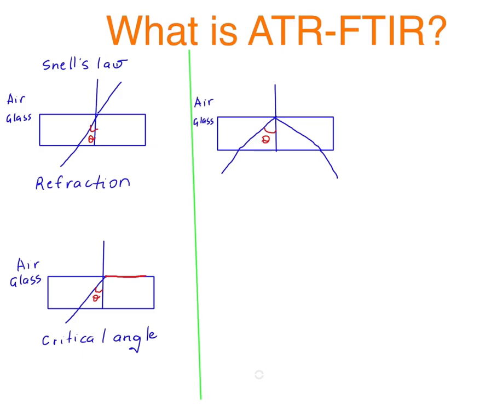In this situation, when total internal reflection occurs, electromagnetic theory tells us that the electric field cannot abruptly drop at this interface. As a result, a special electromagnetic field called the evanescent wave is generated. The evanescent field is generated right here at the interface between the air and the glass.